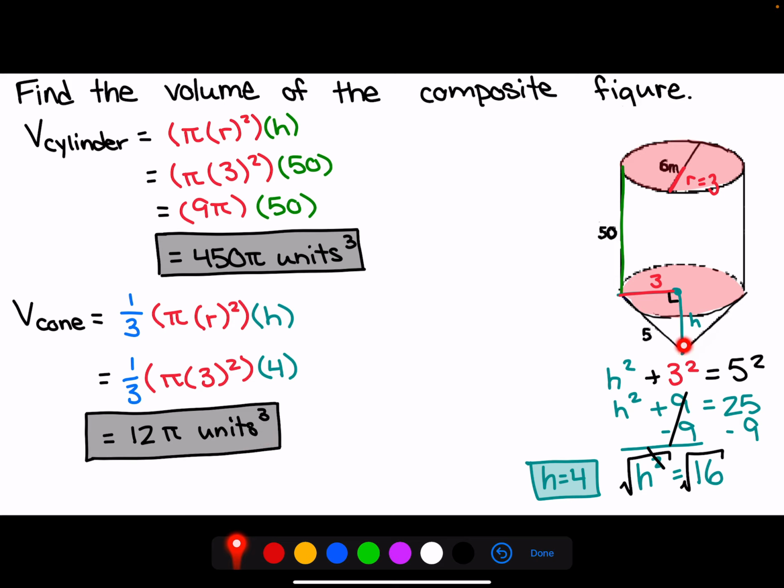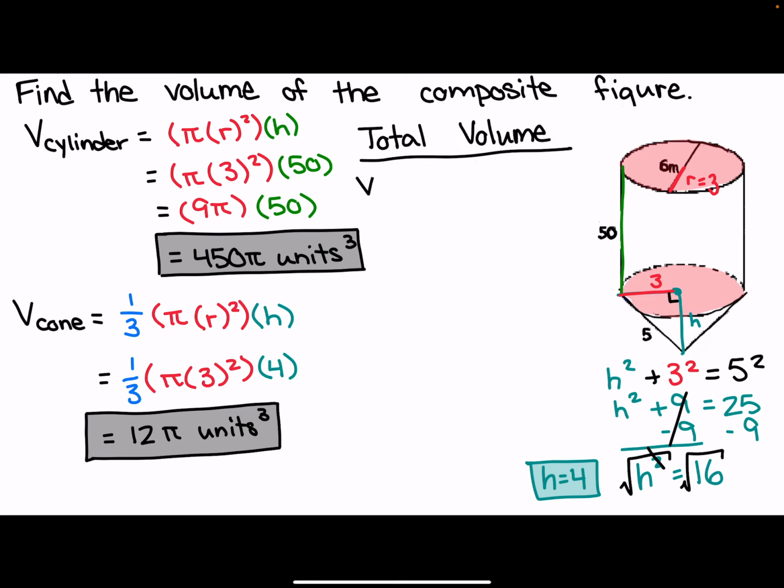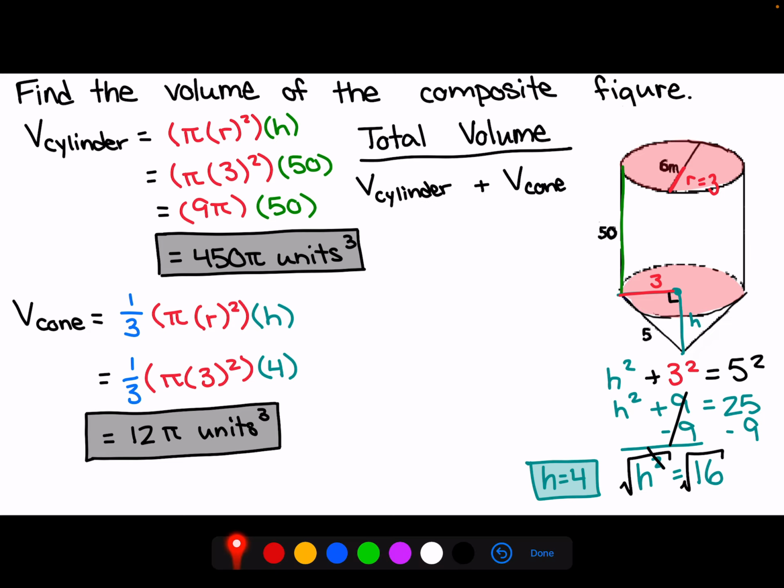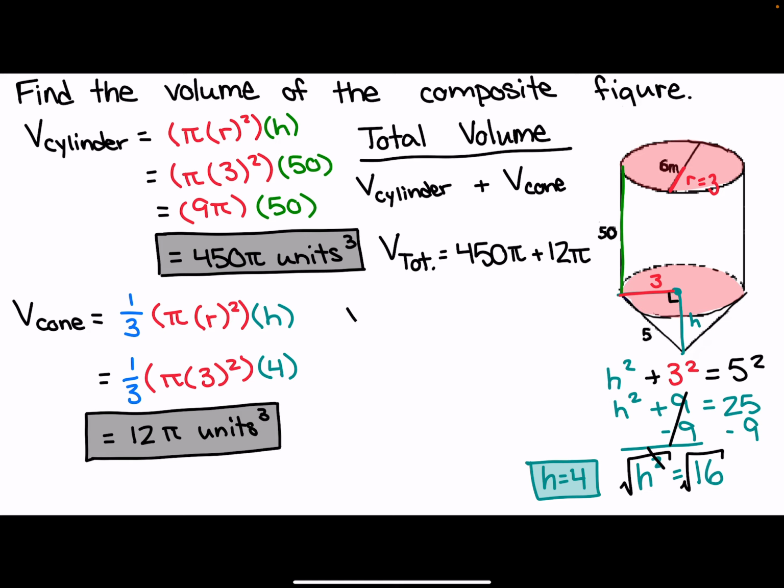We now have the volume of each shape. Now that we have both volumes, the last step is to combine them together to get the total volume. So our total volume will be 450 pi plus 12 pi. Combining those together, we'll get 462 pi units cubed.